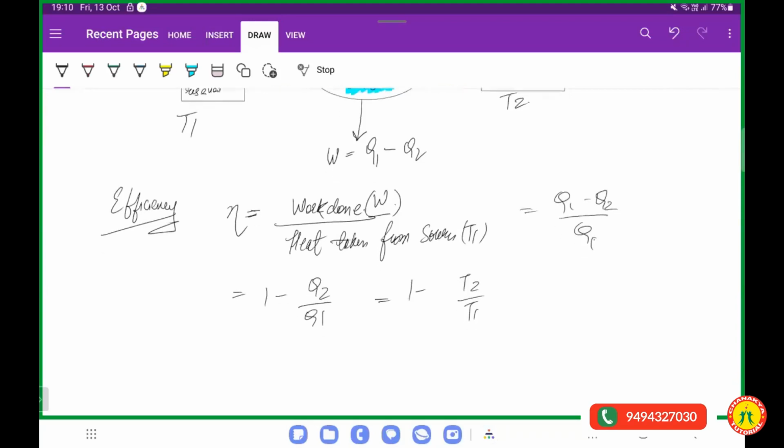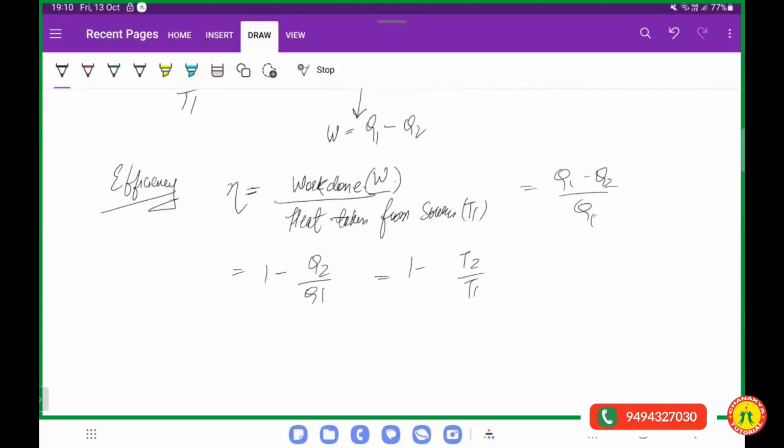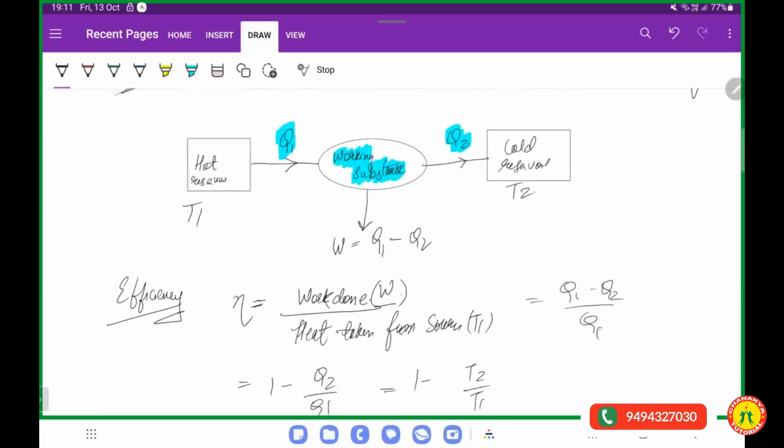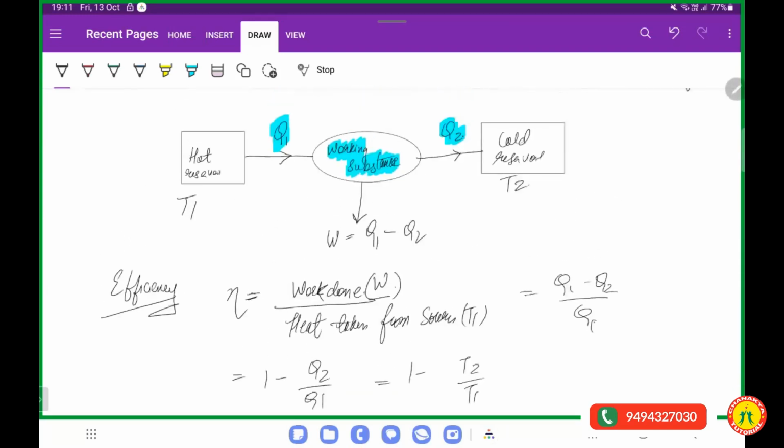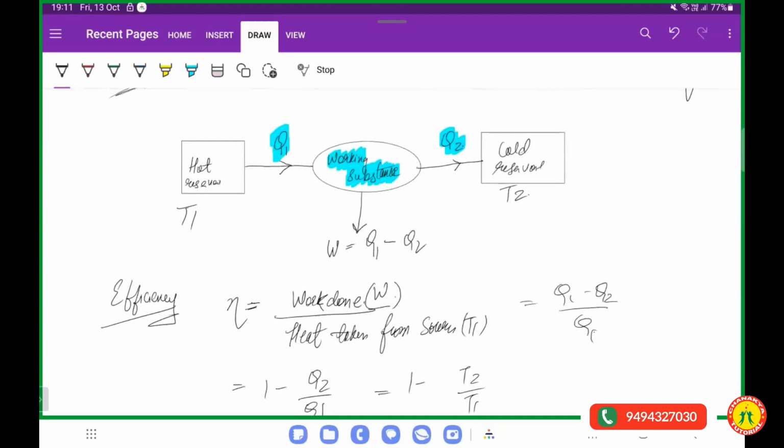If you write this for the first time, then remaining time we don't need to write. Just for the first time, we will write here Q2. Where is Q2 from? It's from the working substance, which releases the remaining heat.